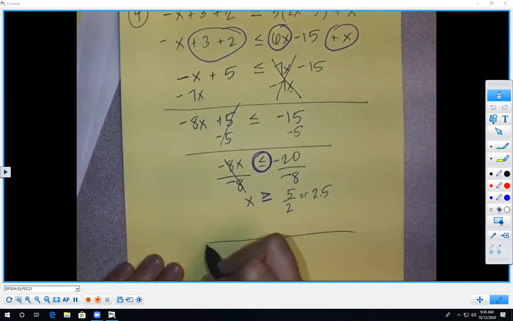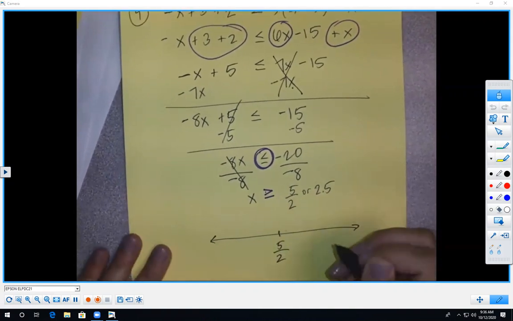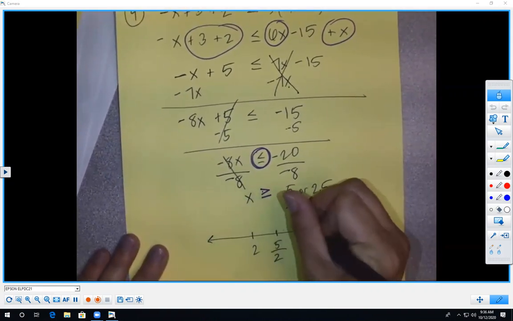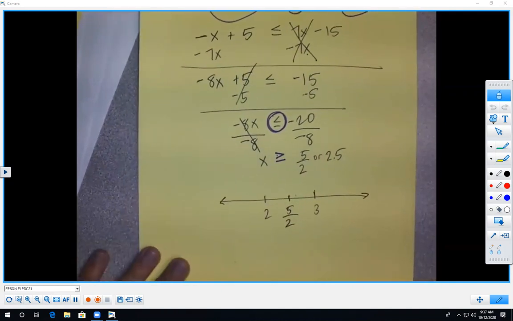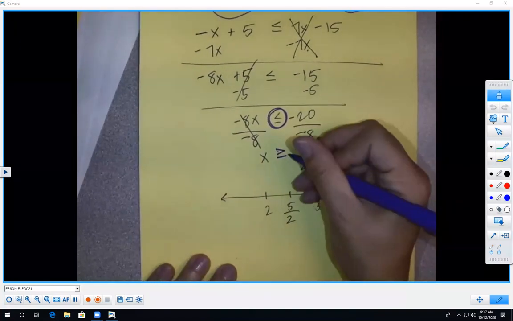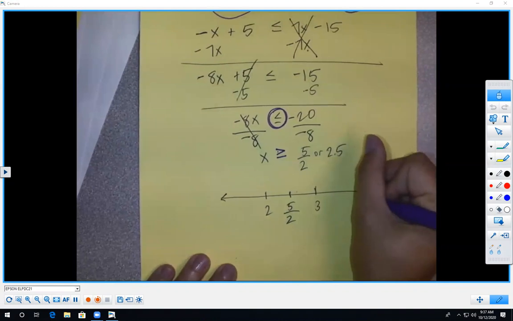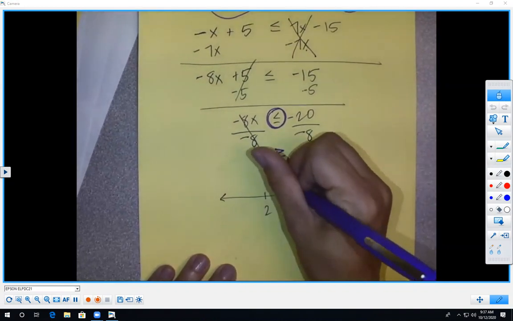So on a number line, I'm going to have 5 over 2. That's going to be in between 2 and 3. Am I shading to the left or to the right? To the right, because it's greater than or equal to. And it's a bracket.